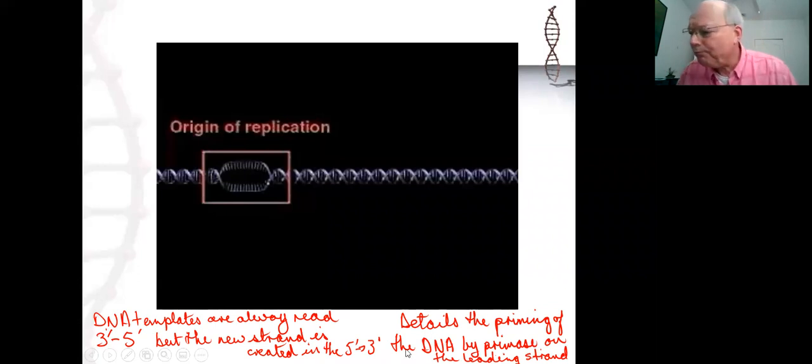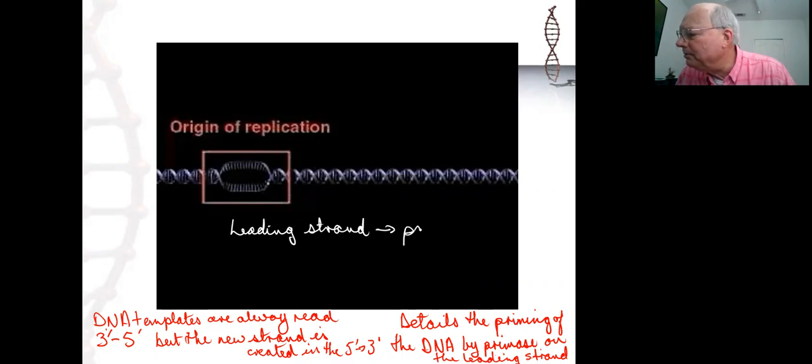So the other thing that I want to do is define the leading strand, because that's what this animation is actually referencing, the leading strand.